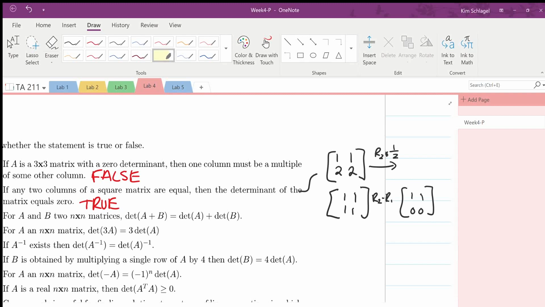Knowing this, you can expand along this bottom row here. So expand along the row of zeros, and the determinant is going to equal 0 in that case.